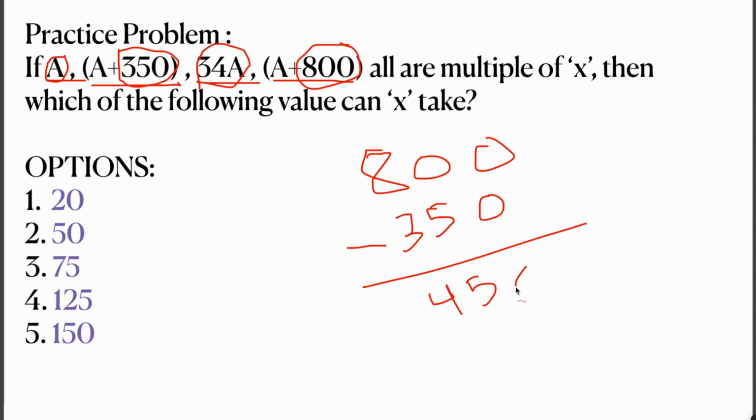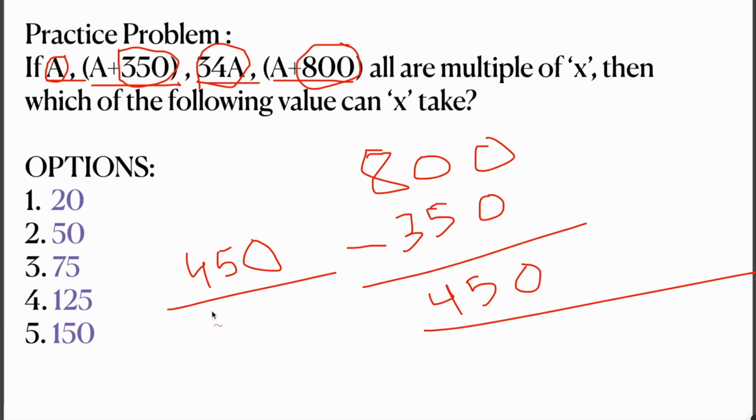So 450 should also be a multiple of x. Also, if 450 is a multiple of x and 350 is also a multiple of x, so their subtraction, that comes out to be 100, must also be a multiple of x.